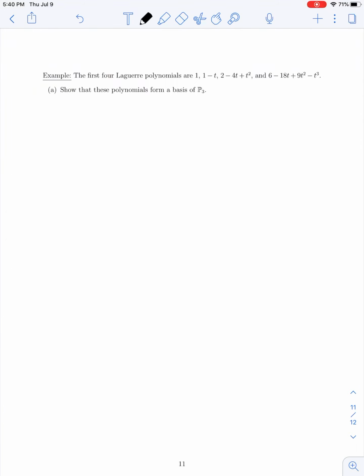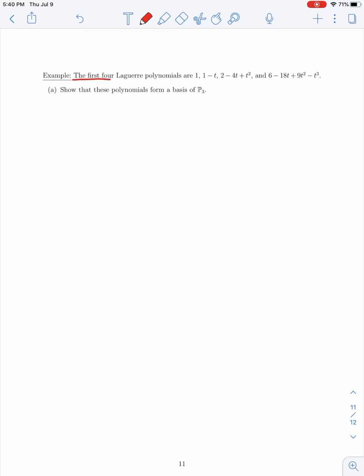So to finish out this section, we'll consider an application of the coordinate mapping that we had seen in the previous section in determining the dimension of a subspace of polynomial space. So in this example, we will consider the following.